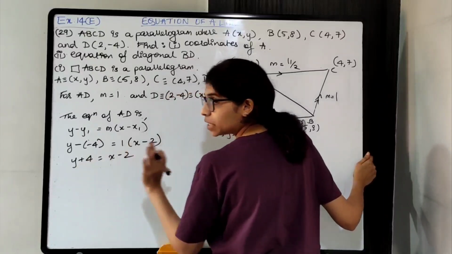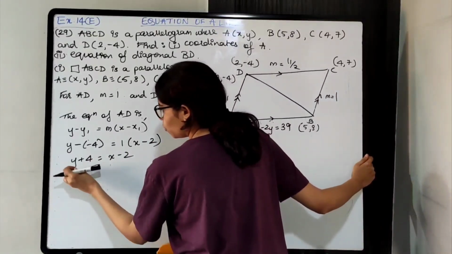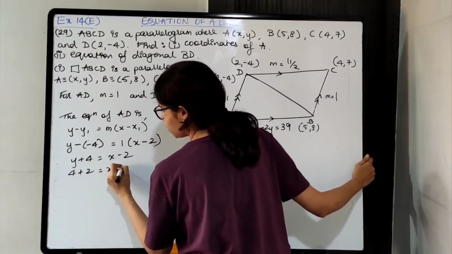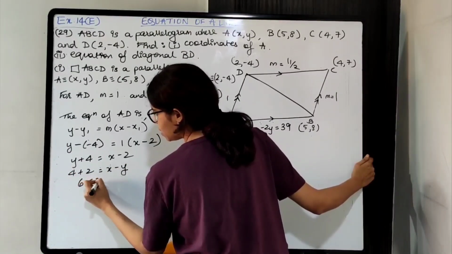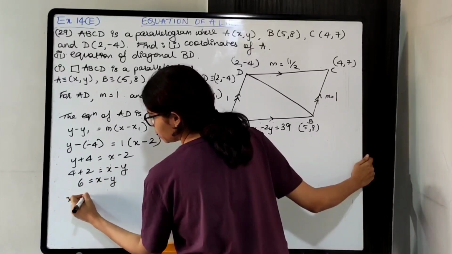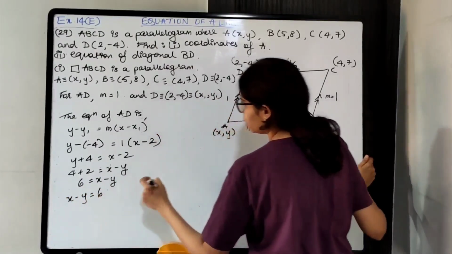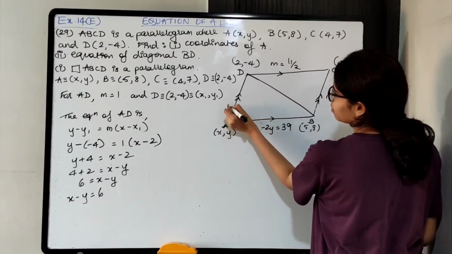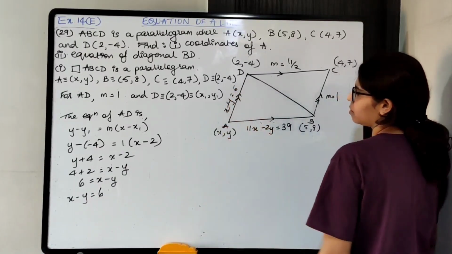So again we'll bring this in linear equation form. So y I'll shift over here and 2 over here. So 4 plus 2 is equal to x minus y. That is 6 is equal to x minus y. That is x minus y is equal to 6. Okay. So we got the equation of AD also. It is x minus y equals to 6.